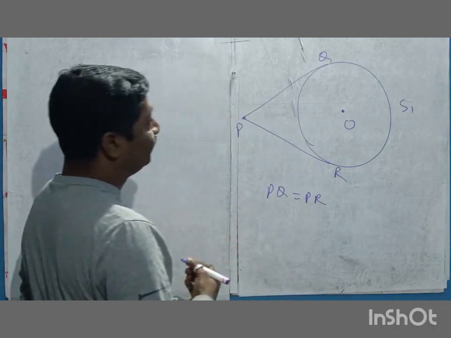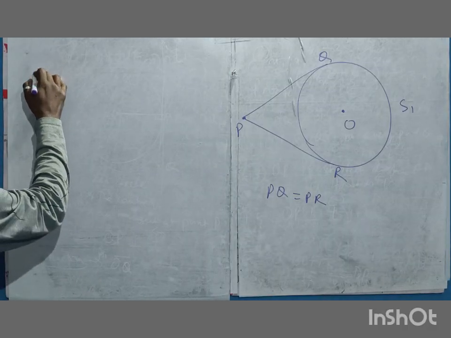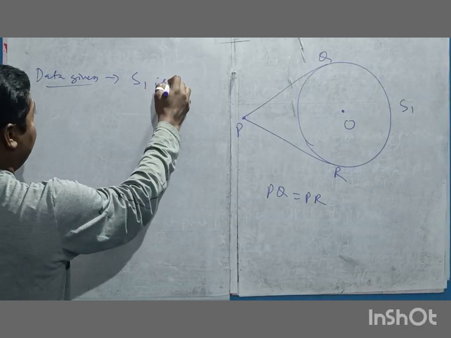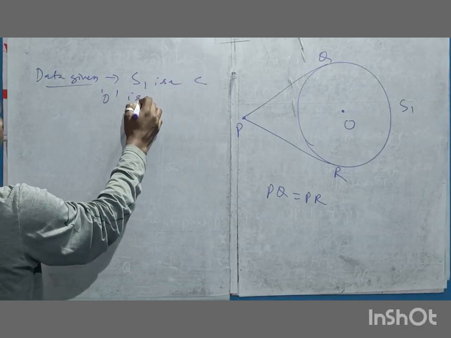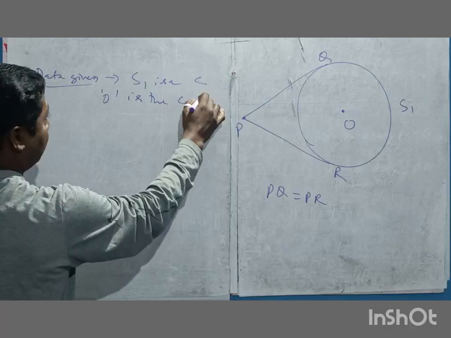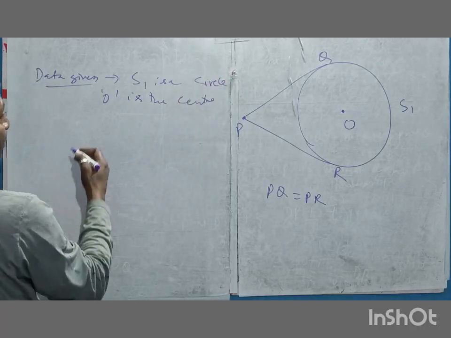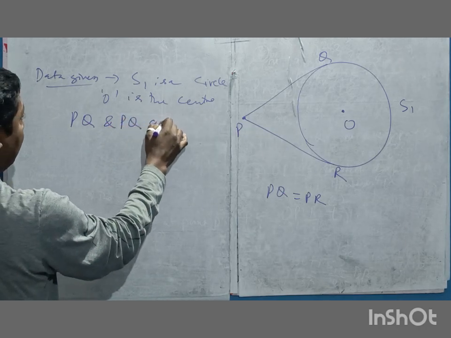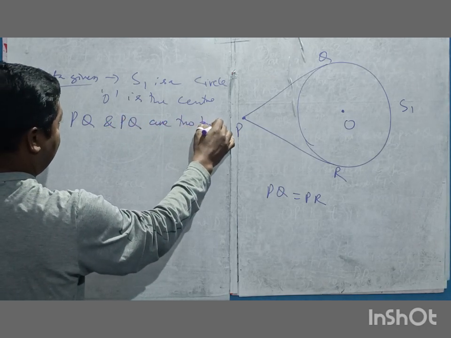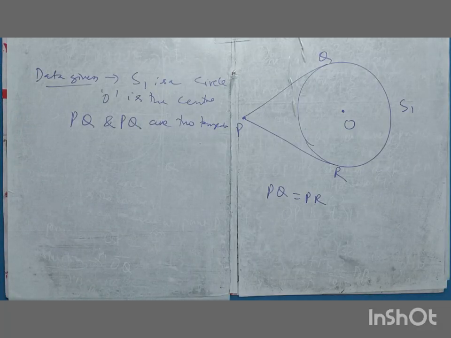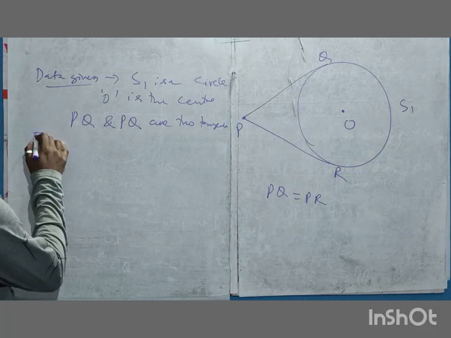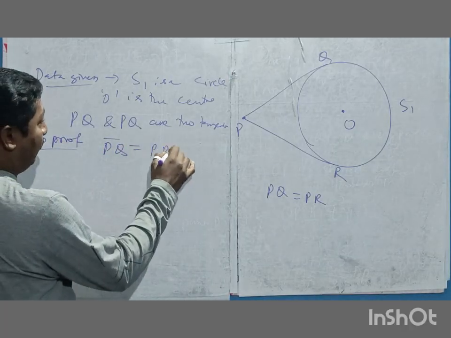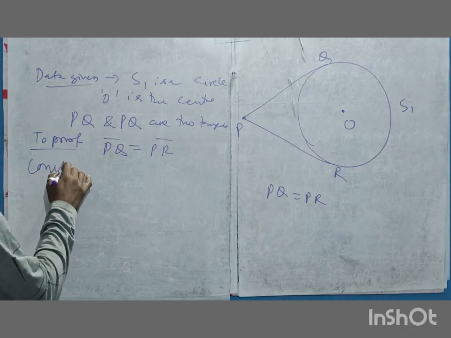What is the data given? S1 is a circle, O is the center, and PQ and PR are two tangents. To prove: PQ equals PR.